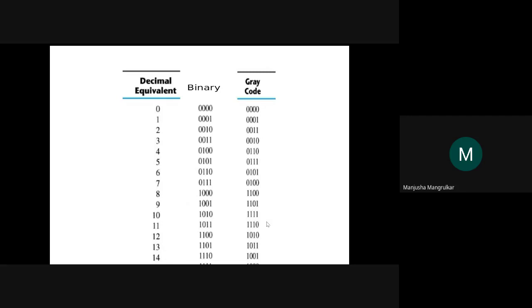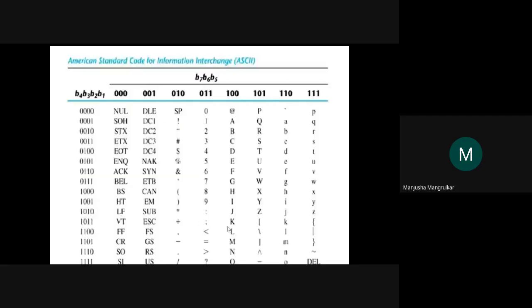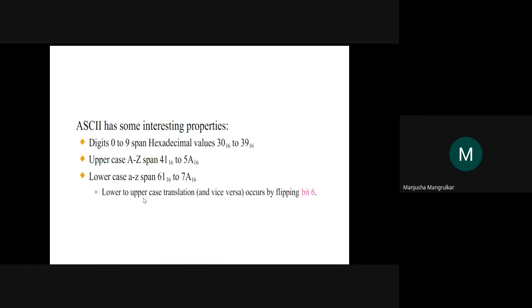Now ASCII code, as I explained to you, has an interesting property. The digits 0 to 9 have hexadecimal values 30 to 39, right? 30 hex. All the ASCII code values are in hexadecimal, which can be directly converted into binary. No need to convert into decimal numbers, right?